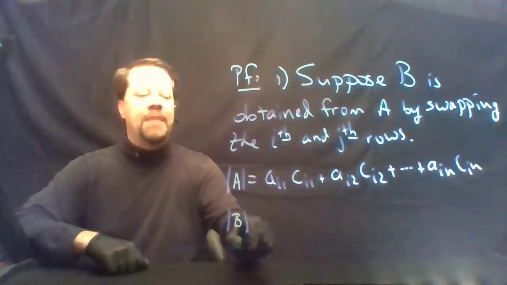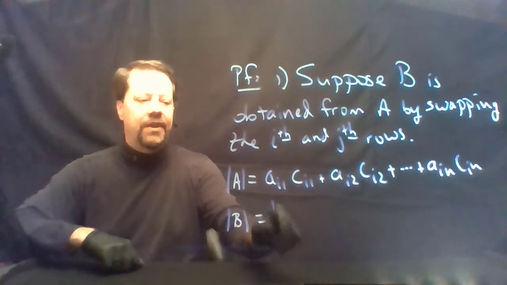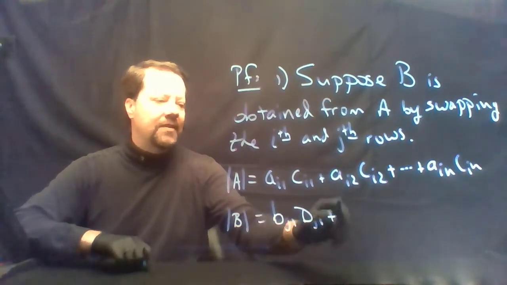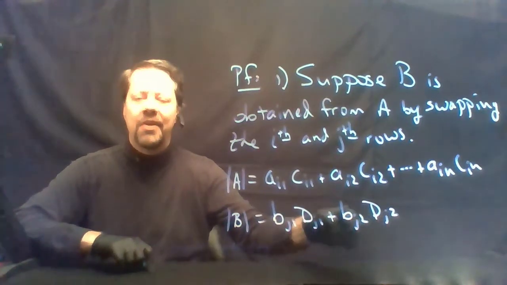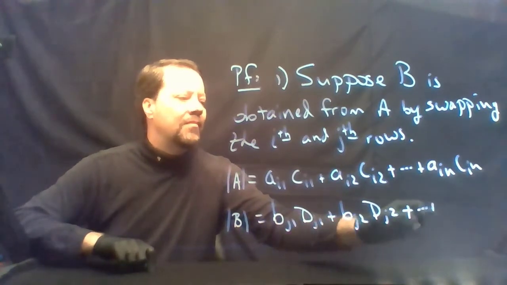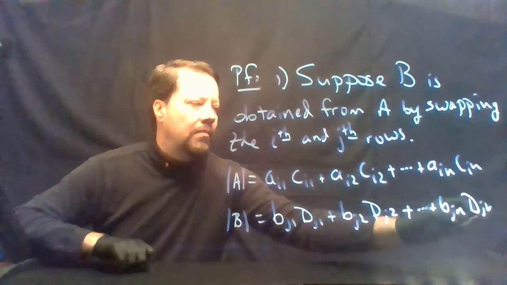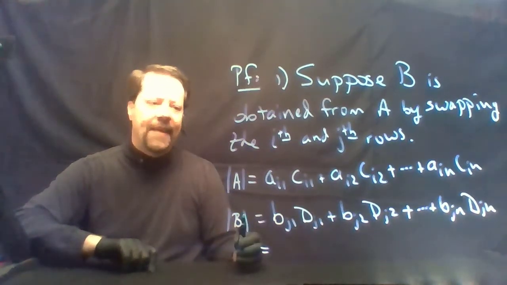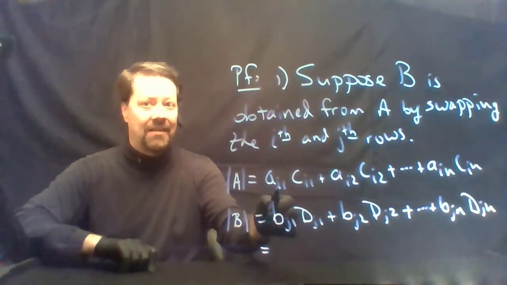The determinant of B can be obtained by cofactor expansion around the jth row, which gives BJ1 DJ1 plus BJ2 DJ2, where here we're denoting the cofactors of B by D's. But keep in mind, the matrix B was obtained from A by swapping the ith and jth rows, so BJ1 is AI1.